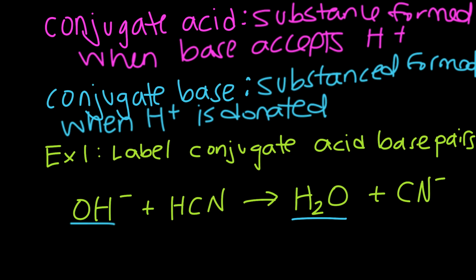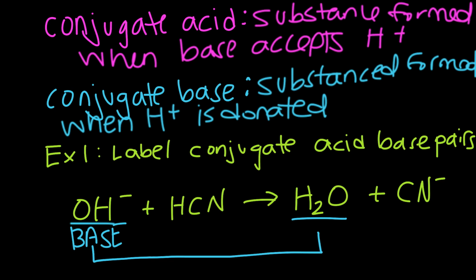So over here, the OH minus is a base, okay? And then once it turns into the H2O, it has gained or accepted an H plus. So this is going to be our conjugate acid. And we can just abbreviate conjugate because it's kind of a long word. That's our conjugate acid. Now, back to the reactant side, you can't have two bases, right?